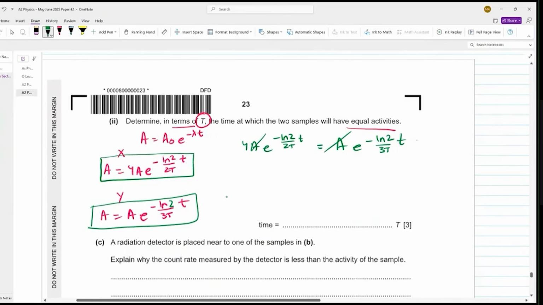A cancels out. Okay, you can basically drop the values of E as well. Or what you can do instead, let's do one more thing.